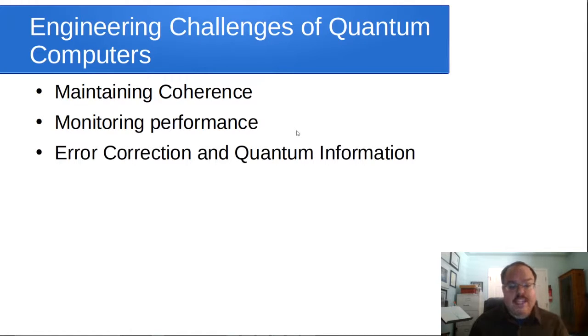So, error correction and quantum information. This is where there's a lot of work that can be done. If you know anything about error correcting codes in the classical sense, there is a lot of need for this in the quantum sense, and hopefully I'll be able to show you why that's the case and demonstrate it rather than just telling you. But it's very important that we understand new error correction codes are going to be needed if this is going to be used on any significant level.